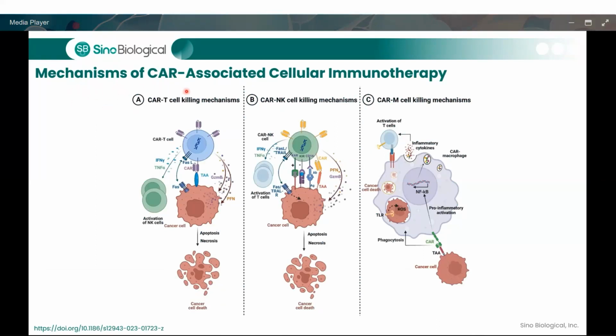In the slides, I will briefly introduce the mechanism of multiple CAR-associated cellular immunotherapies, including CAR T cell therapy, CAR NK, and CAR M. The killing mechanisms of these immunotherapies vary in different ways.